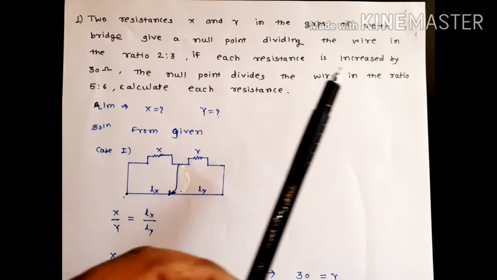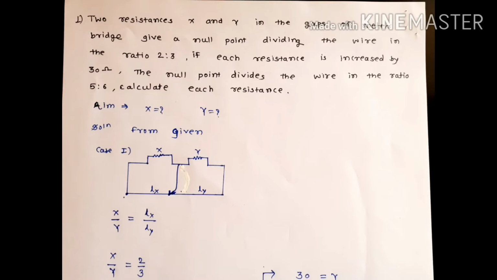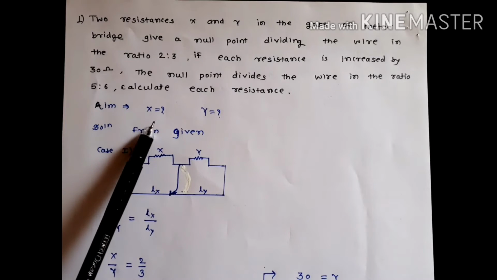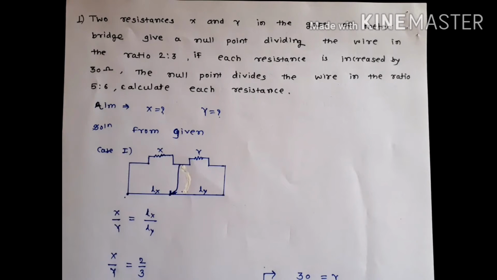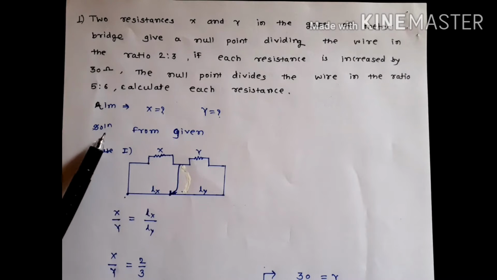If each resistance is increased by 30 ohm, the null point divides the wire in the ratio 5:6. Calculate each resistance. This is the given problem. Now, here our aim is to calculate the value of X as well as the value of Y. Therefore, X is equal to question mark, Y is equal to question mark.